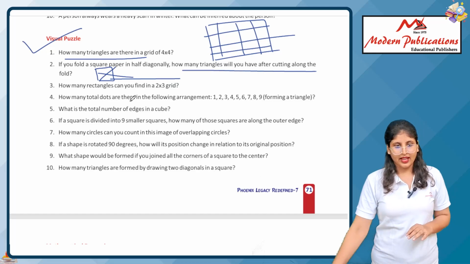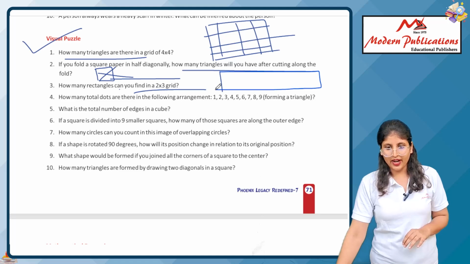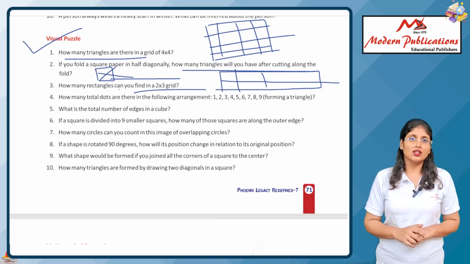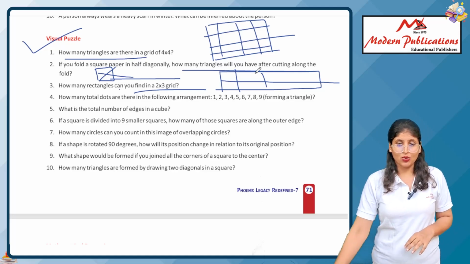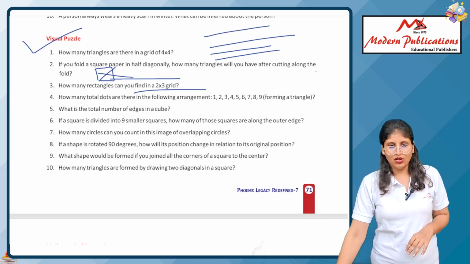Next, how many rectangles can be found in a 2 into 3 grid? If I make 3 grids like this and 2 here, how many rectangles can we find? It is easier. I will make it for you properly.